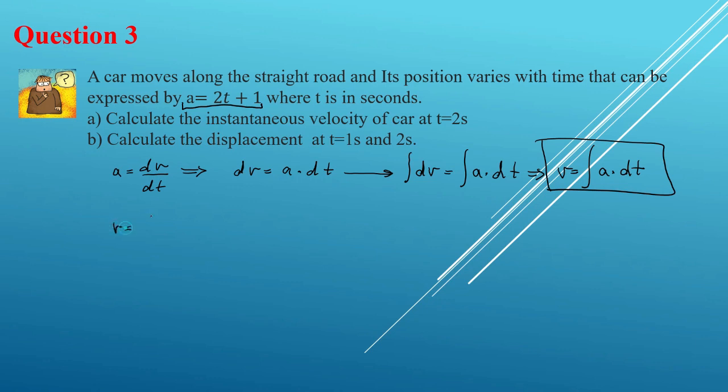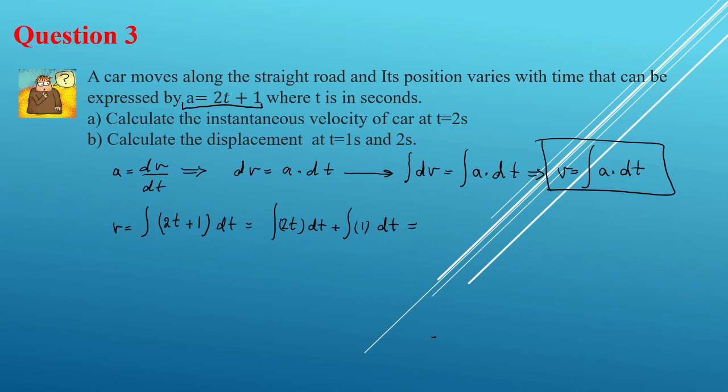So my equation for a is going to be 2t plus 1. So I'm substituting the a from the problem here, and then I have the integral of 2t dt plus 1 dt, right?